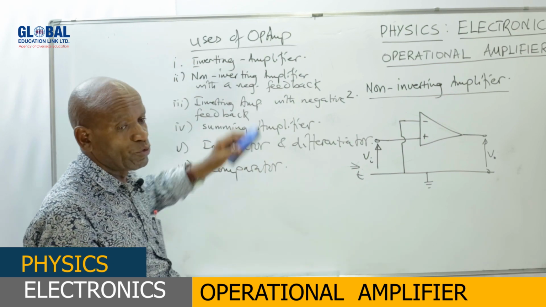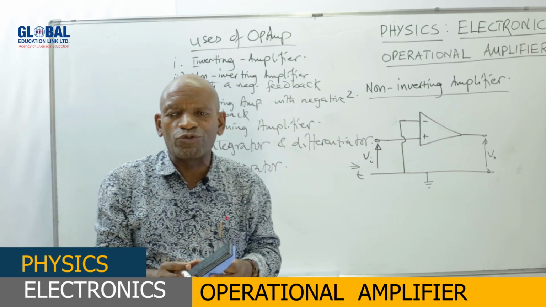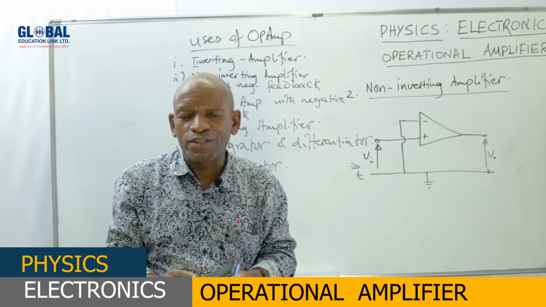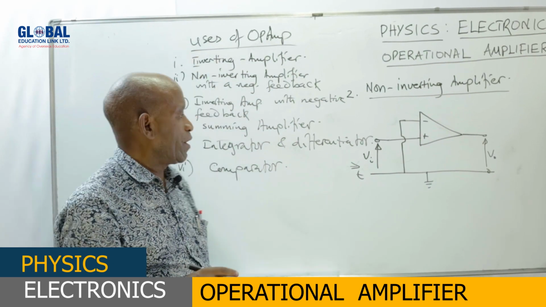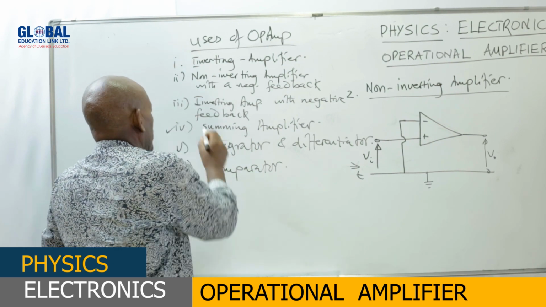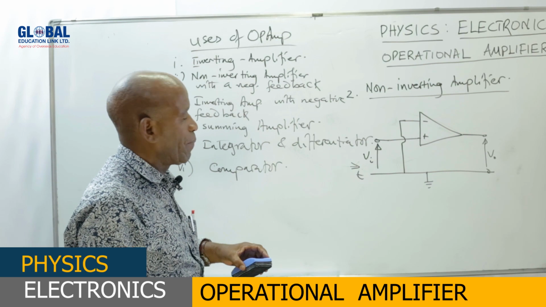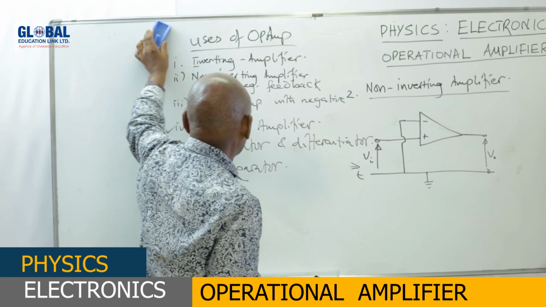But we will not be able to go through all of these uses. Basically, we shall touch on a few parts where the operational amplifier can be used. Okay, so let us start. We shall look at one or two. Let us start by looking at an operational amplifier as a summing amplifier.